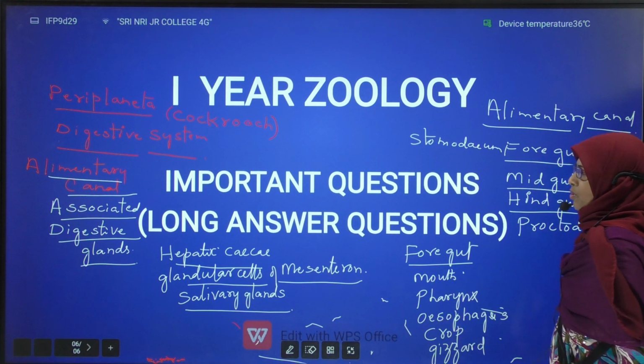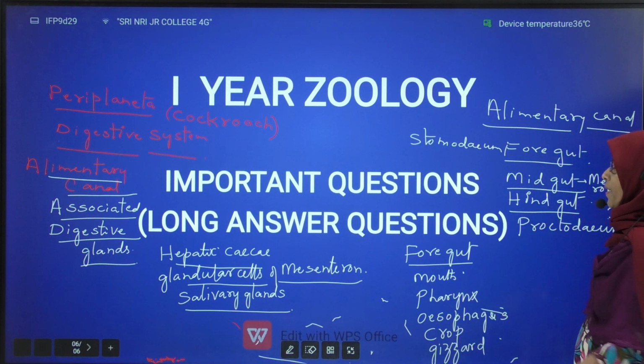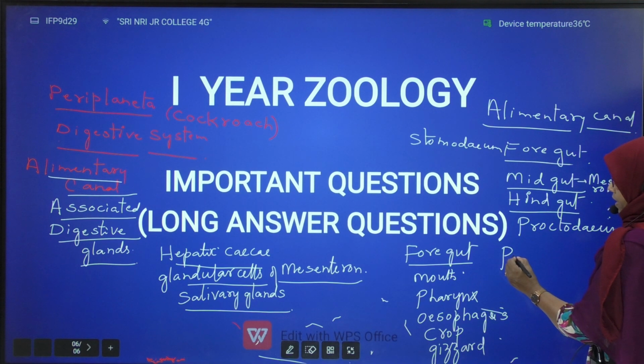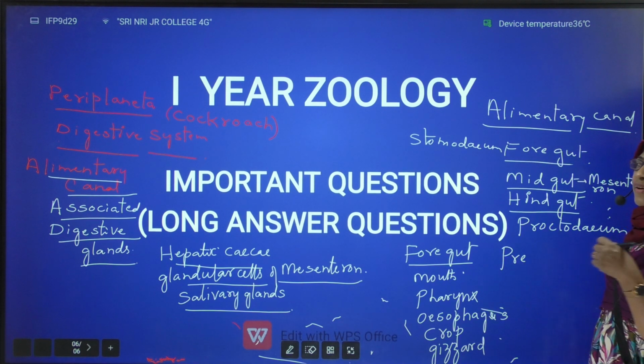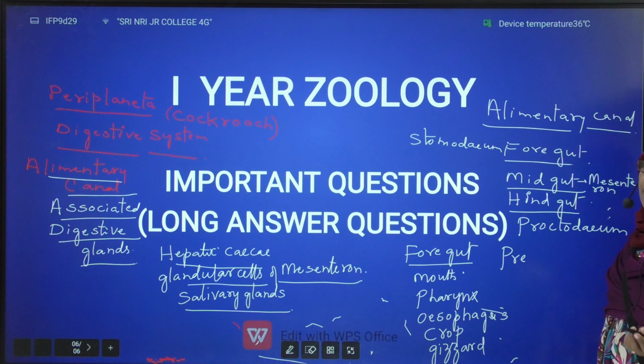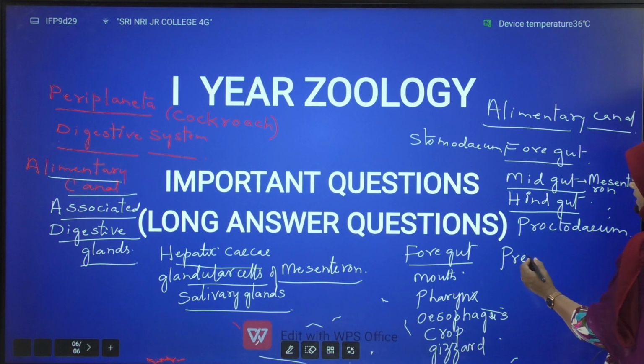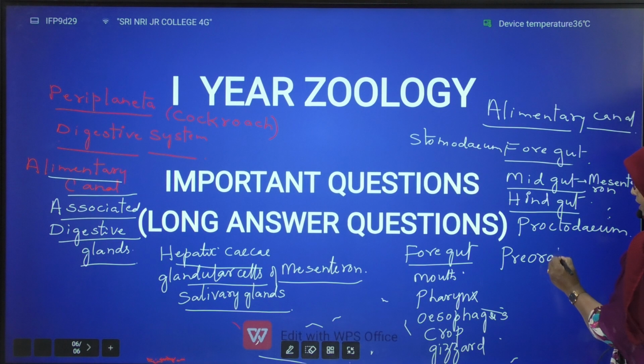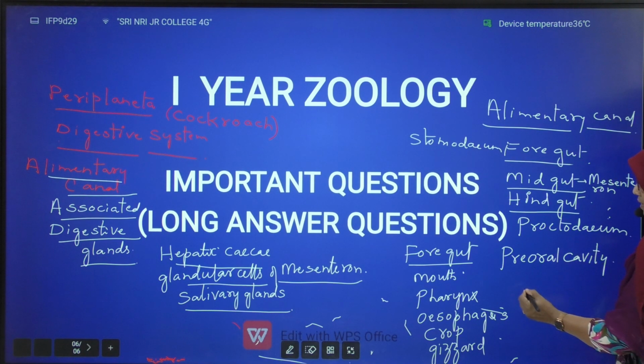In front of the mouth, a cavity is present. It is called preoral cavity. The cavity which is present in front of the mouth, surrounded by mouth parts, is called preoral cavity. This preoral cavity is divided into two parts by hypopharynx.